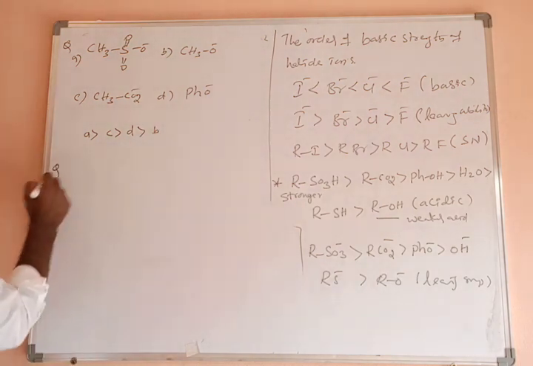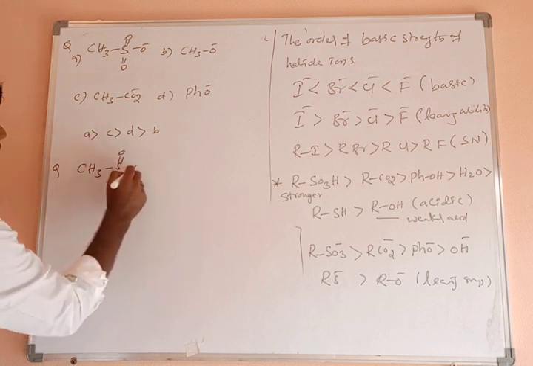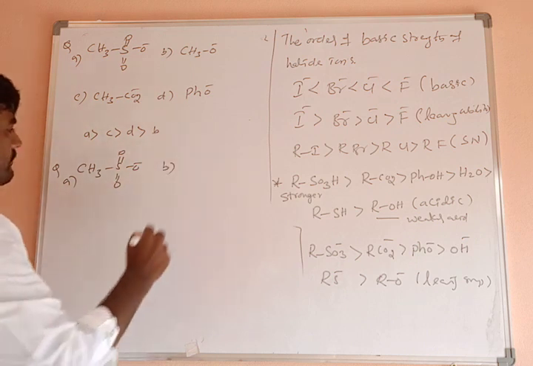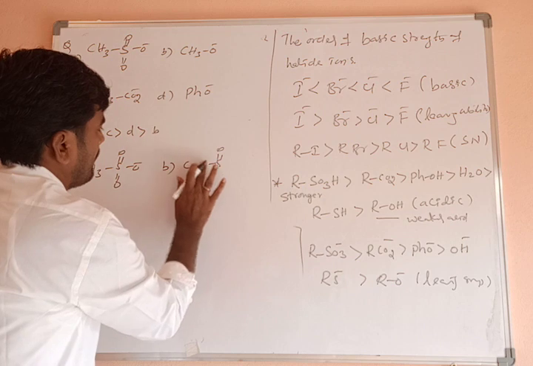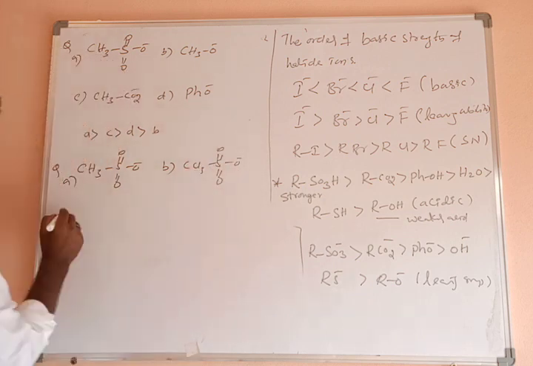And next question I am giving here. CH3SO3 negative, A and B, CH3CCl3 O negative.